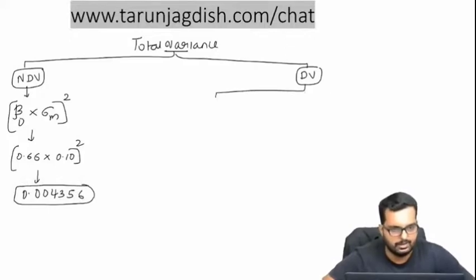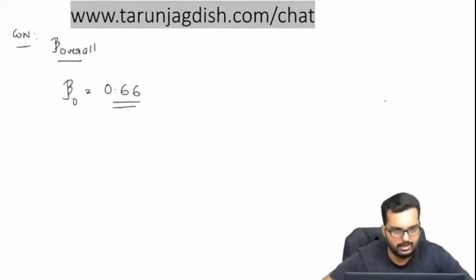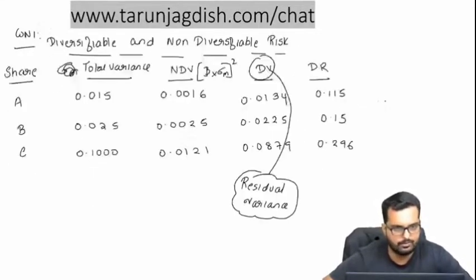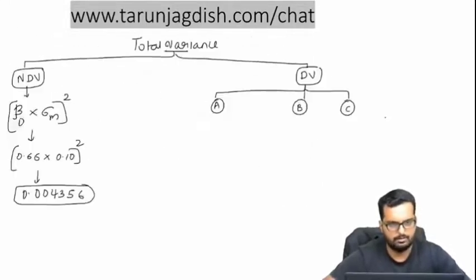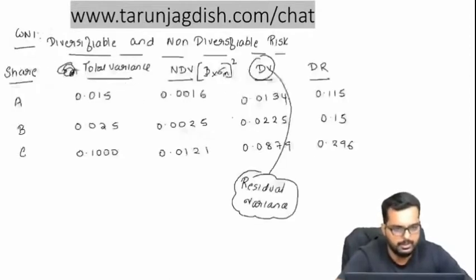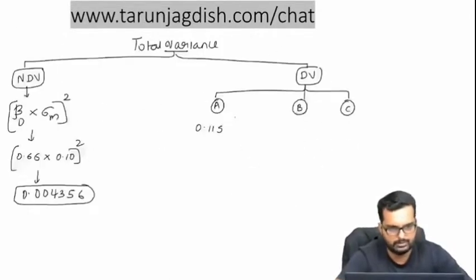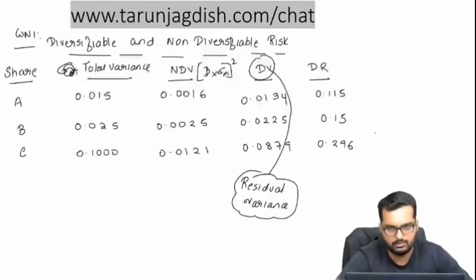Here I will take it separately for A, for B and for C. Now tell me, have I got the answer for A? I have got 0.115, correct? What about B? 0.15, and C is 0.296. What are the weights that are given over here?